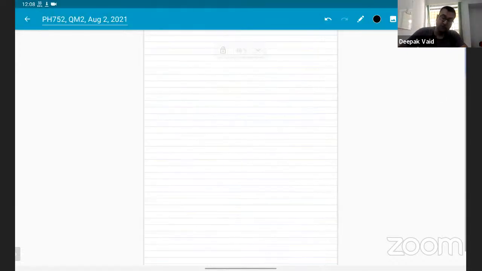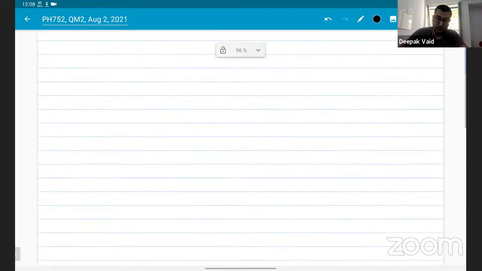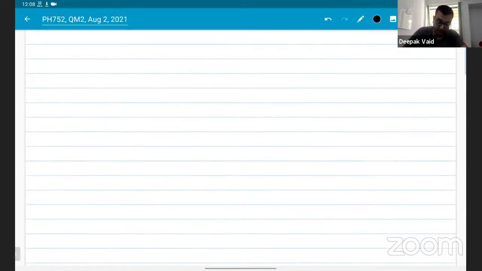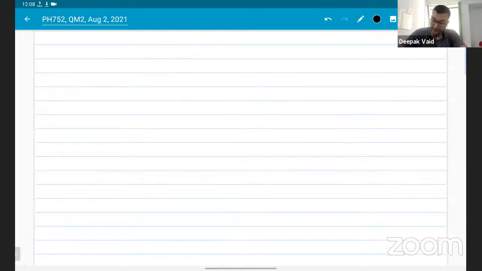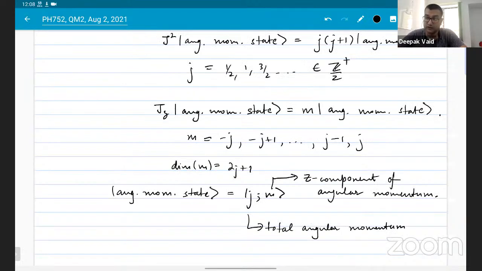All right. So now I have two particles. And before that, what is the dimensionality? So this lives in a Hilbert space. I'll call that H of j. And what is the dimension of H of j?